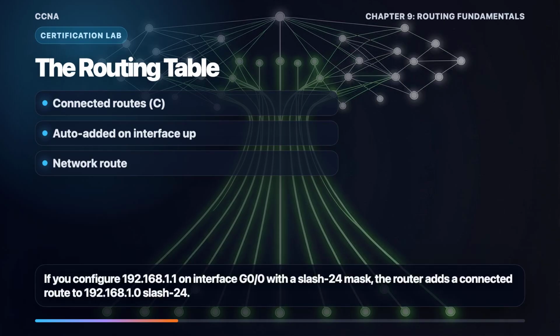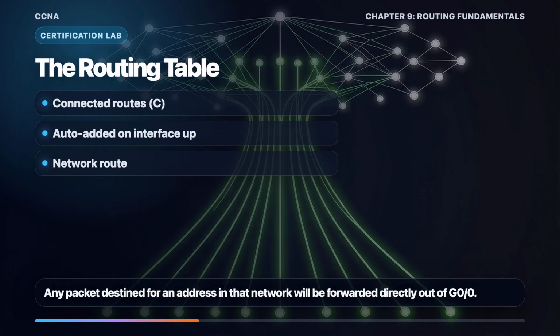If you configure 192.168.1.1 on interface G0/0 with a /24 mask, the router adds a connected route to 192.168.1.0/24. Any packet destined for an address in that network will be forwarded directly out of G0/0. Connected routes are marked with a C in the routing table.